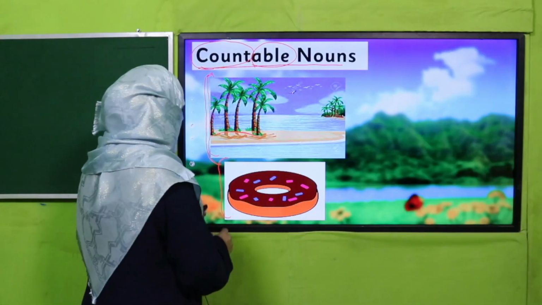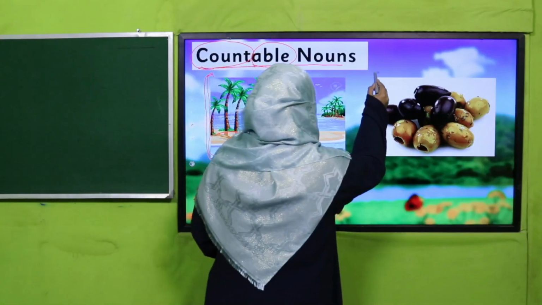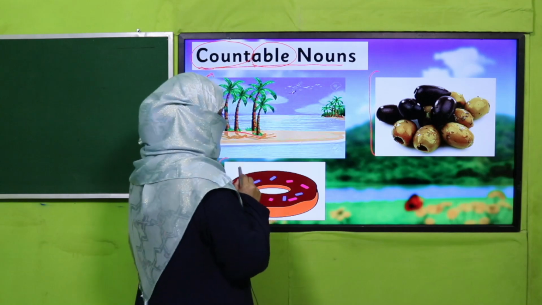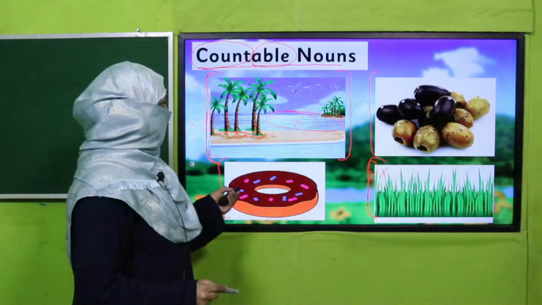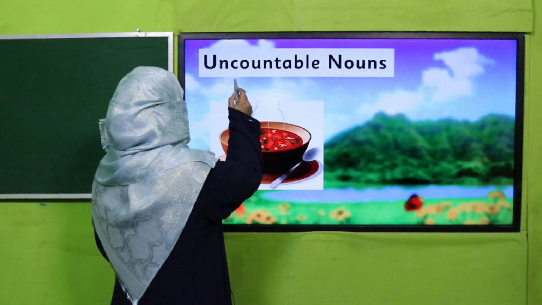One donut, yummy, yummy olives. We can count olives. But grass, can we count it? No. Water over here, can we count it? No. So one thing which we can count is countable and one thing which we cannot count is not countable.